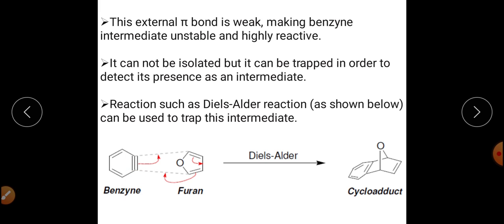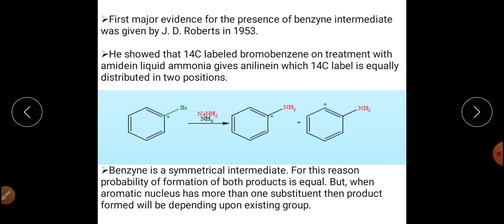So this is again a very strong evidence which proves that this kind of reaction, the elimination-addition mechanism, proceeds with the formation of the benzyne or arine intermediate, right?